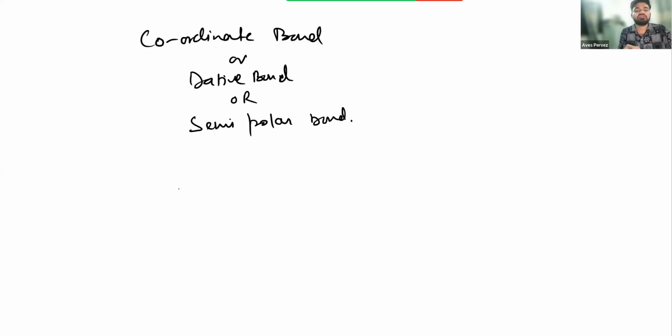In this, an atom can use its own electrons in order to make a bond. Only a single element can donate its electrons to make a bond. Let me explain how it is possible. For example, this is a water molecule.